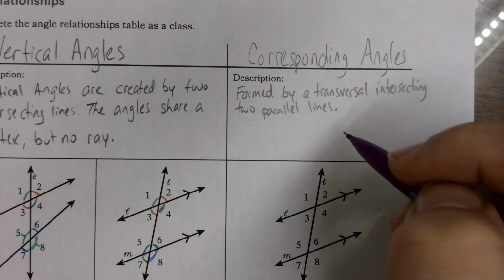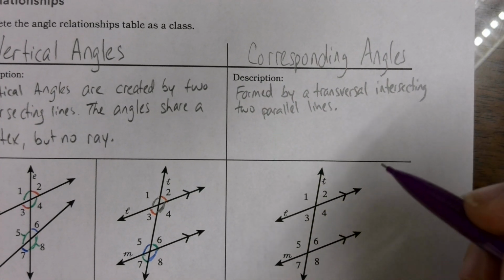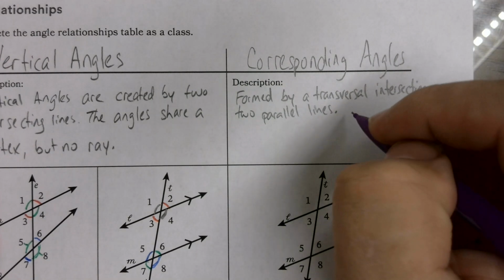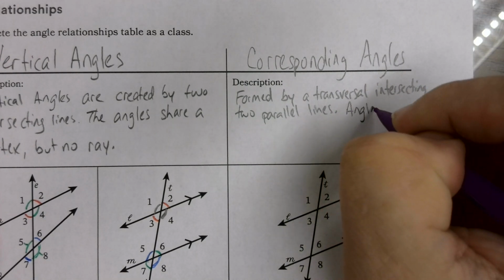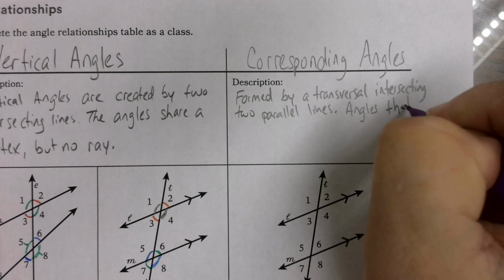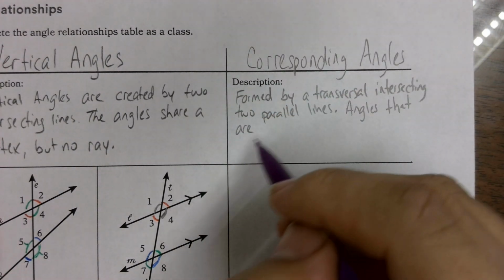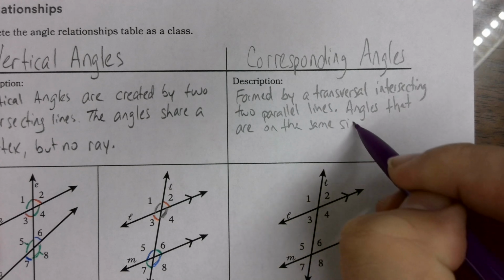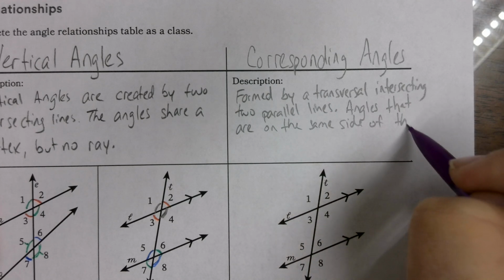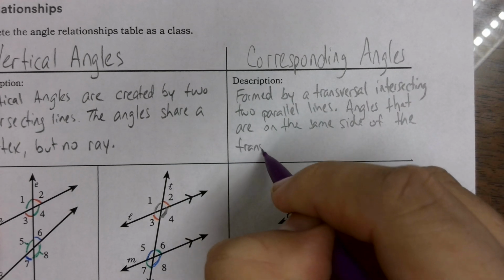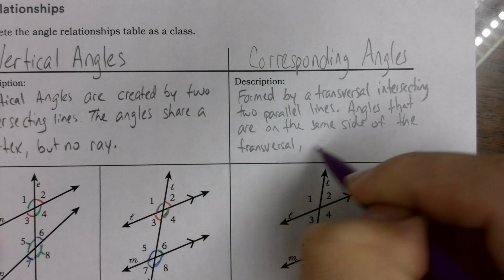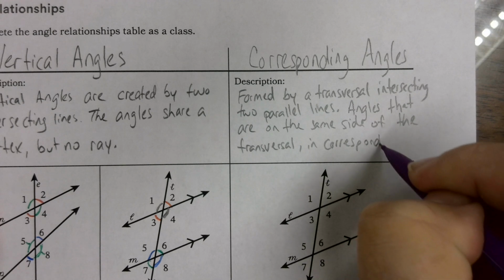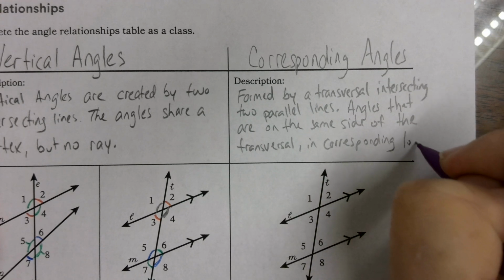We're looking at angles on the same side of the transversal in corresponding positions of each other. Okay. So angles that are on the same side of the transversal in corresponding locations.